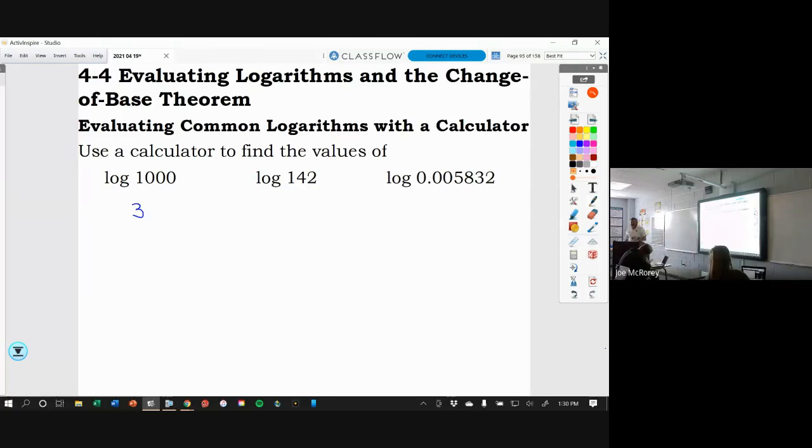Where do you see log on here? It's on the left side, By the third button up, fourth button up. 7. Okay. 7. Yeah, look on the left to 7. button. Oh, I see it. I was looking at the 7. Okay. Yes. Log of 142.